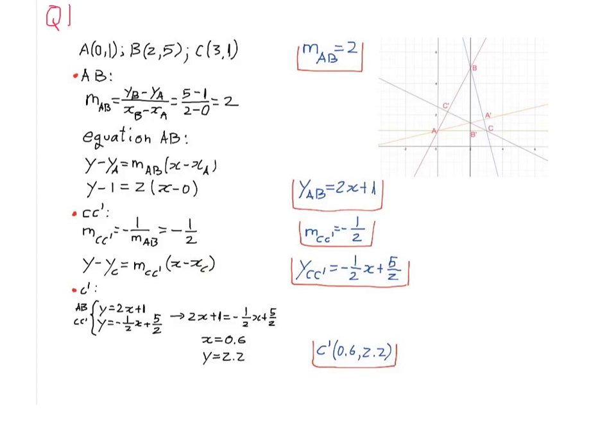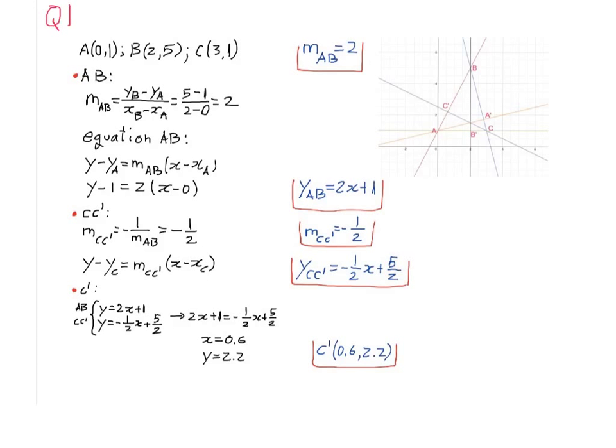By substituting the values for yC and xC, 1 and 3, and simplifying, we get the equation for CC prime, which is this one here, y equals negative 1 over 2 x plus 5 over 2.